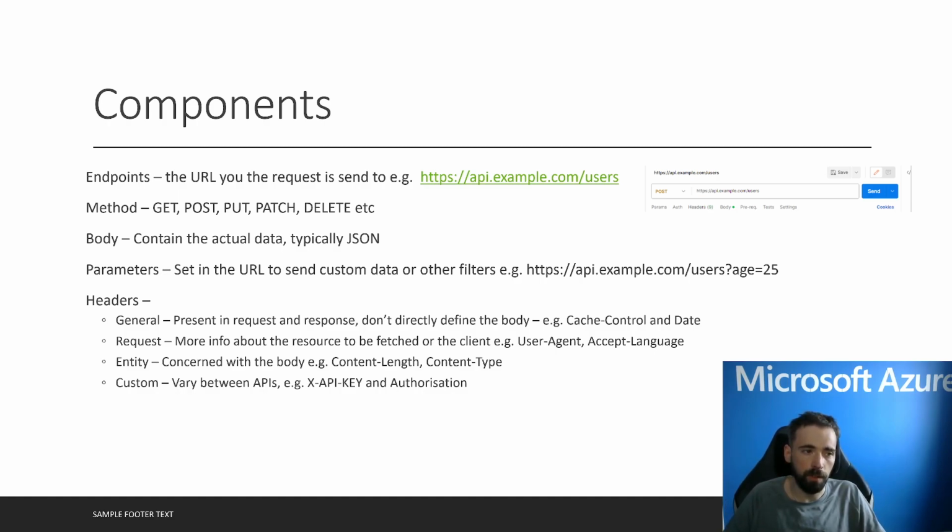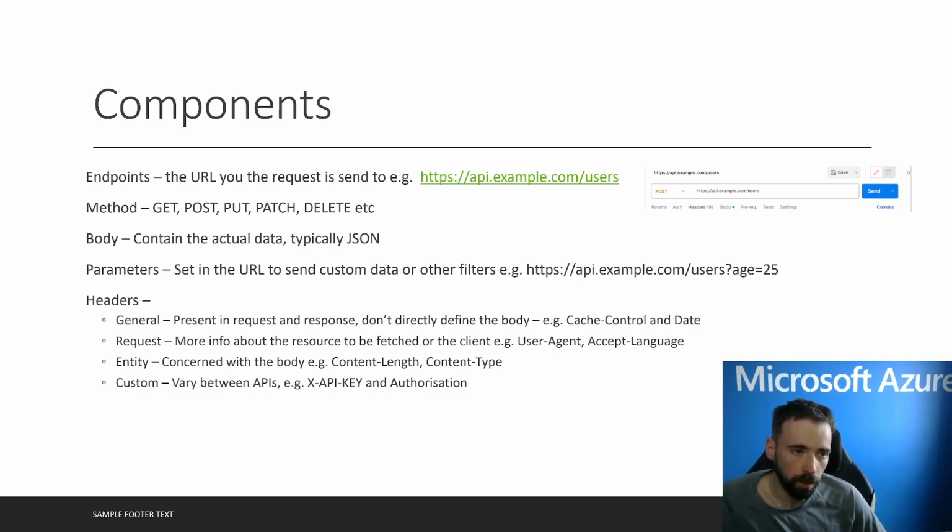If we take the example of a book management application where we want to create a book, we would do a post request, and in the body we might have all of the attributes, the genre, the description, the name of the book. Next we've got parameters. Parameters are set in the URL.